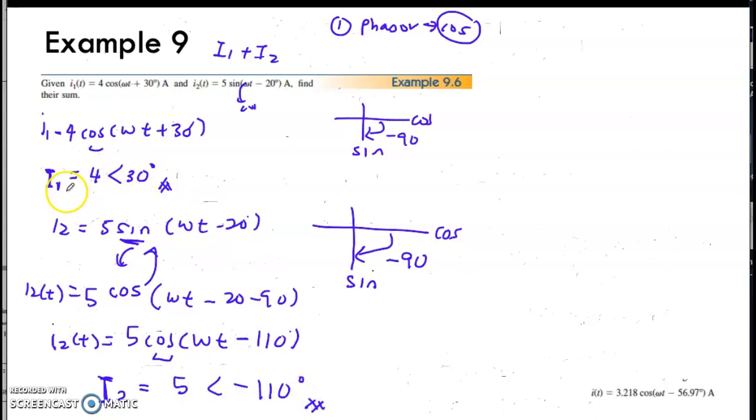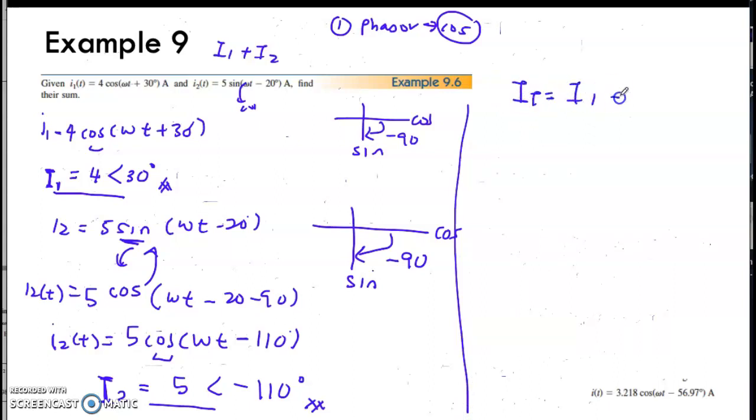So now you already have two functions. One is I1, another one is I2. What you need to do now is add them together. So total I is equal to I1 plus I2. Your I1 is 4 angle 30 plus 5 angle minus 110. When it is addition, always change back to the rectangular form.